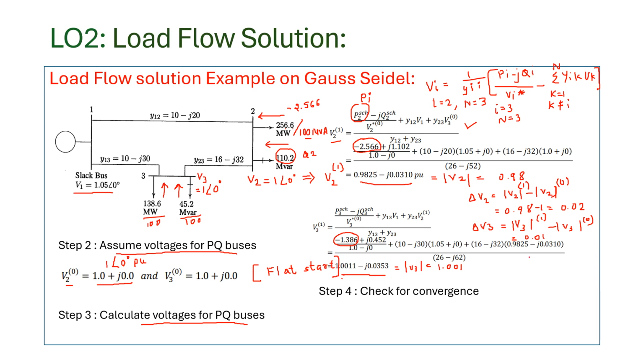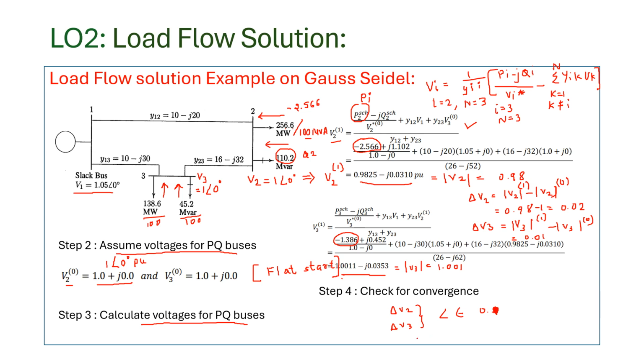Now, if these difference values delta V2 and delta V3 are less than some tolerance, here if we assume the tolerance is 0.1, then we can see that the differences are not less than 0.1. Then the values we have calculated are not correct values, and we have to go to the next iteration.